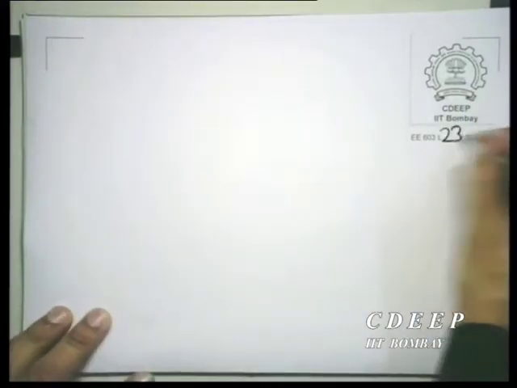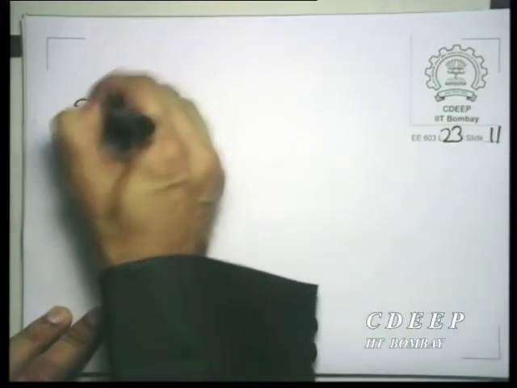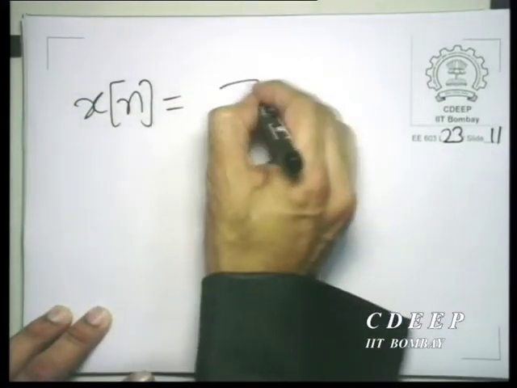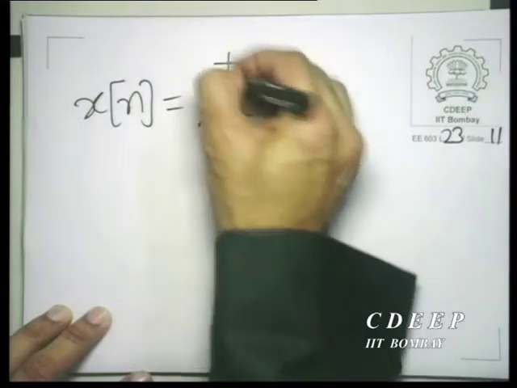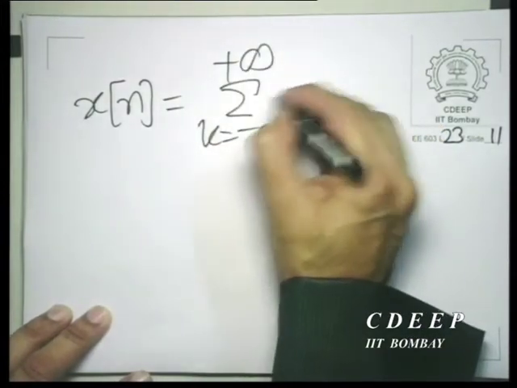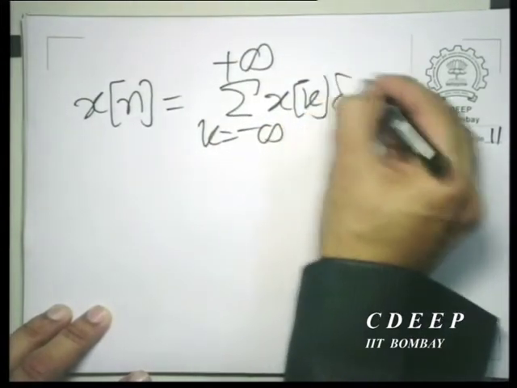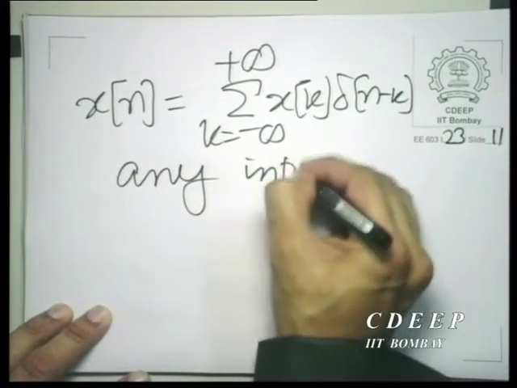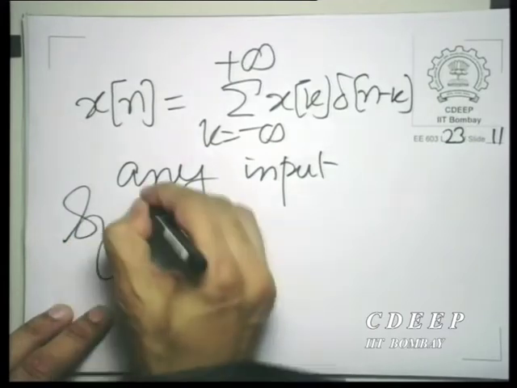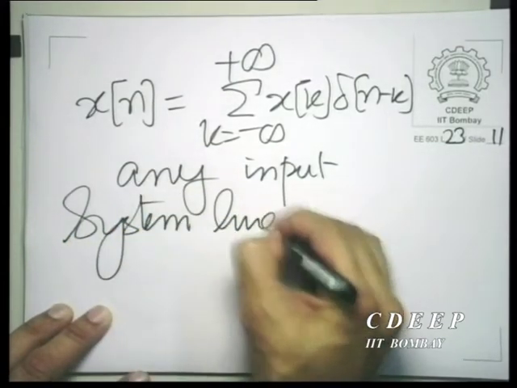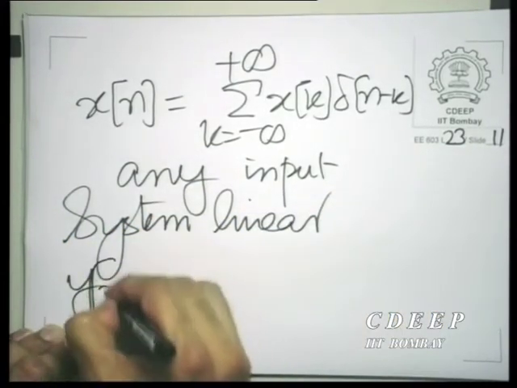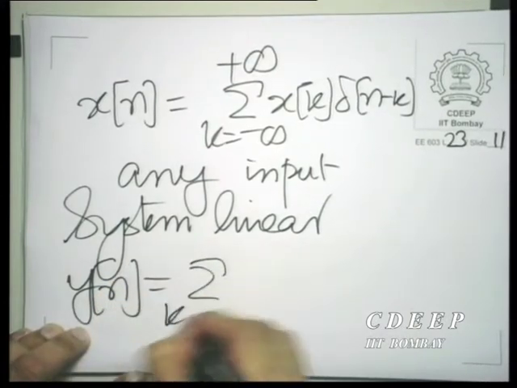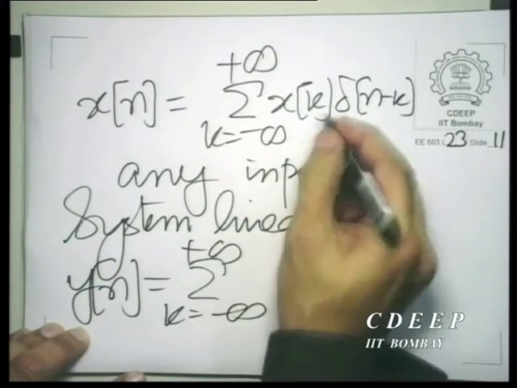Now, you see, when a system is linear, of course, any input can be written in terms of the impulses. This is true for any input. And if the system is linear, then one thing is clear, y[n] is summation over all k, x[k] is like a constant here.